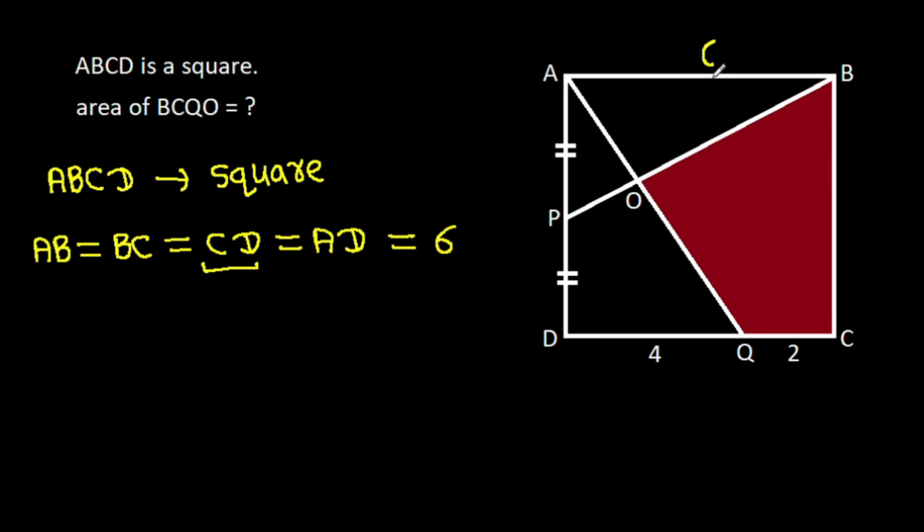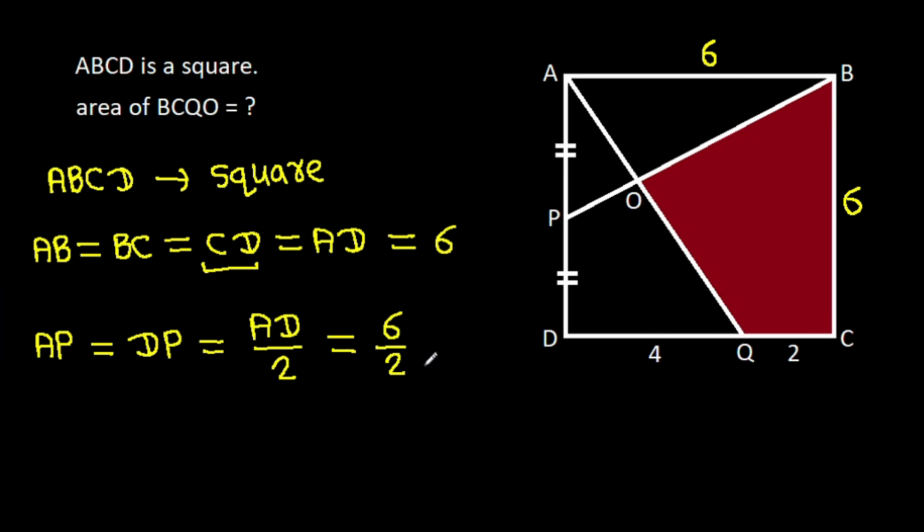So AB is 6, BC is 6, and we have AP is equal to DP, so it will be AD over 2, and it is 6 over 2, that will be 3. So AP is 3 and DP is 3.